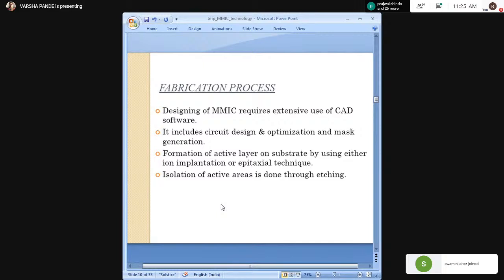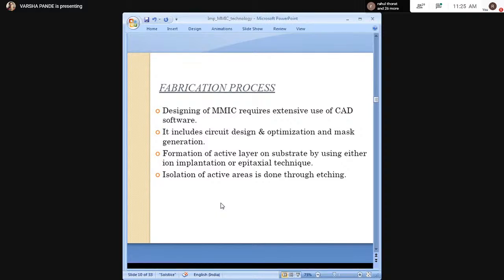We already know the advantages of the epitaxial layer. Here the junction capacitance is reduced, the latch-up problem is reduced, and we can easily downscale the components. Therefore, above the substrate an active layer should be formed, which is called the epitaxial layer, and within that active layer all the devices should be fabricated.